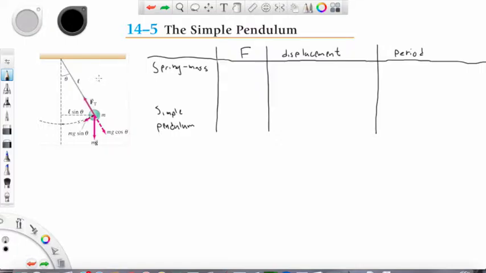First, we'll define the positive movement to be counterclockwise. Counterclockwise, I'm saying because the trajectory of the mass is not linear, but is an arc in this case.